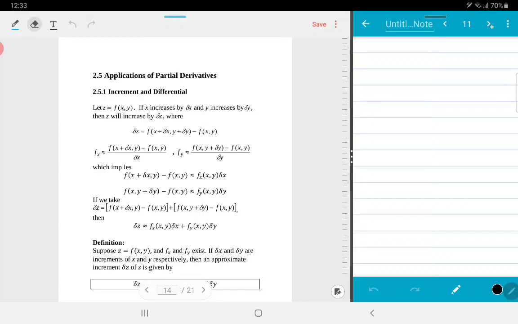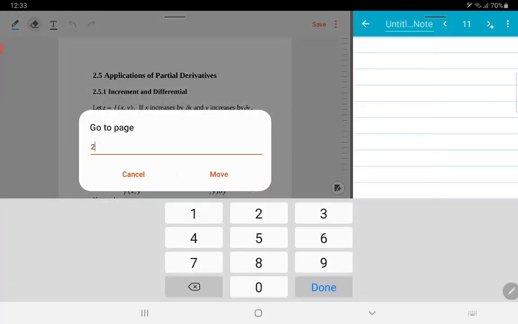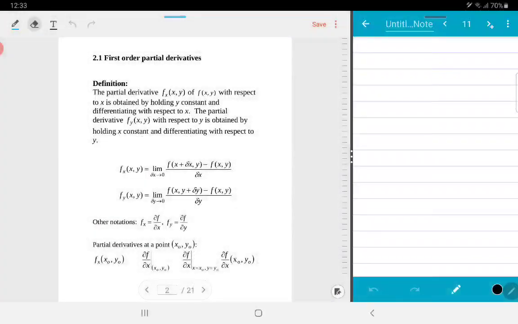Okay, so now from the definition of partial derivative on the second page, partial f partial x is equal to the limit of this as delta x goes to 0, and partial f partial y is the limit of this as delta y goes to 0.